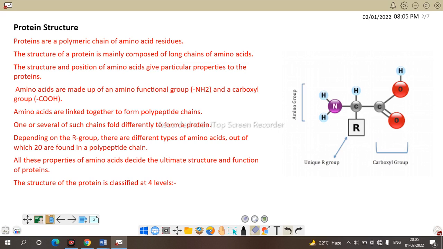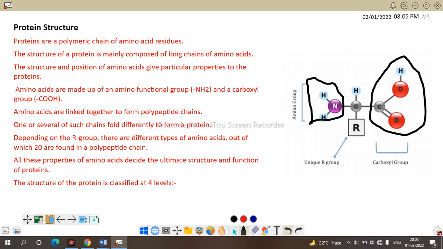Amino acids are made up of the amino functional group, that is NH2, here is the NH2 amino functional group, and the carboxyl group, that is COOH. Here is the carboxylic group.